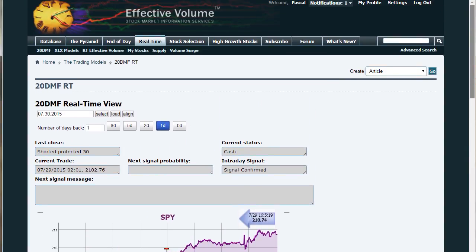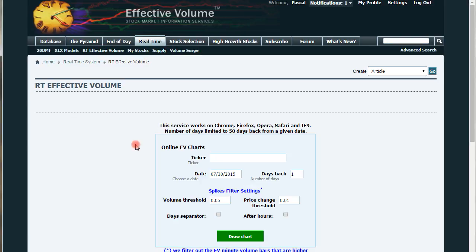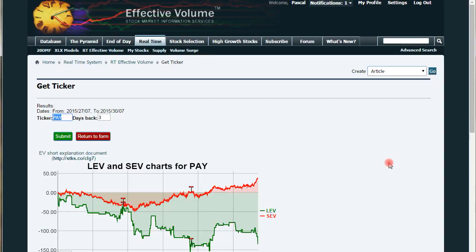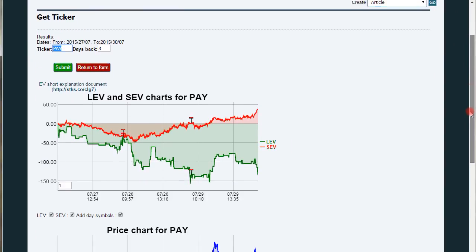And also what I used to do is to go on the real-time effective volume, and then I would type there the ticker pay, and I would have a look at the effective volume pattern to see what is happening.